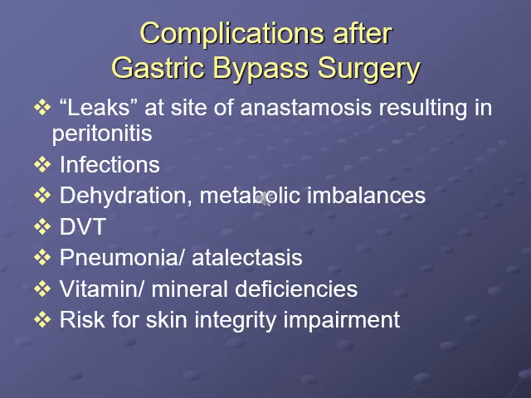Some of the complications of gastric bypass surgery are listed here. I just got done talking about leaks at the site of anastomosis resulting in peritonitis. So we do need to be aware, as we are with all patients, to be looking for elevated temperature, but also elevated heart rate, elevated respiratory rate.